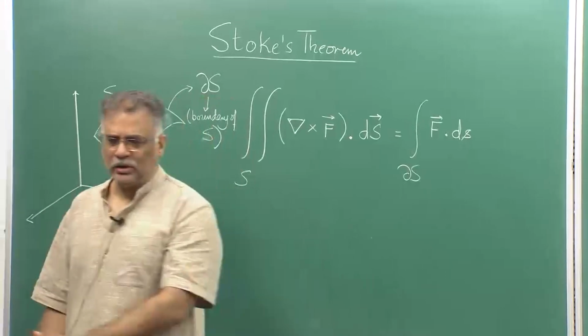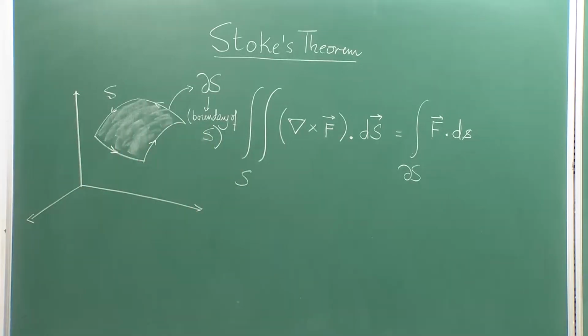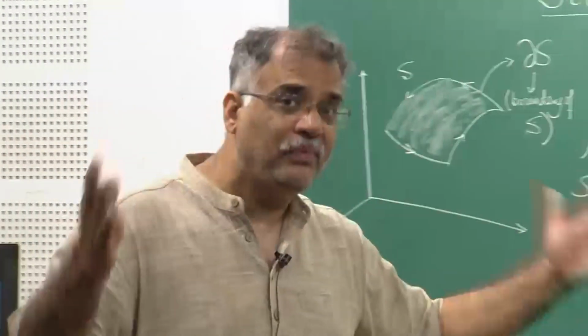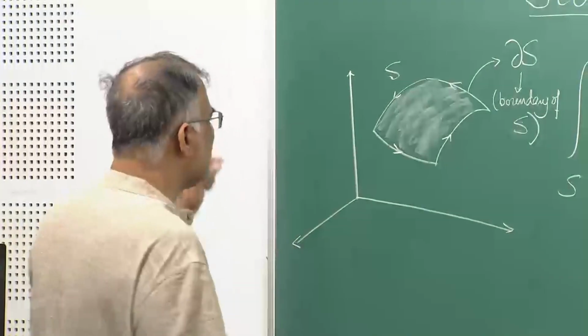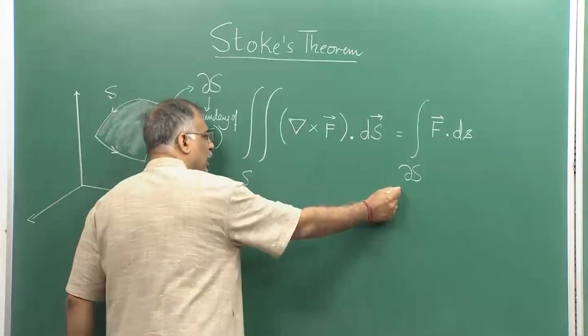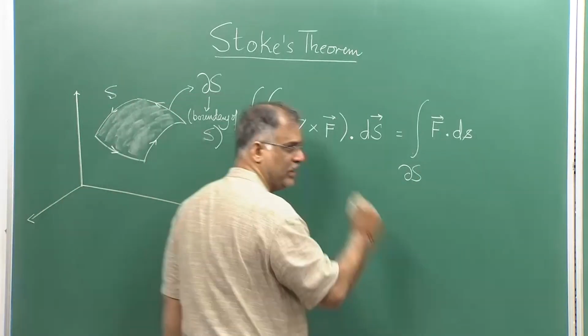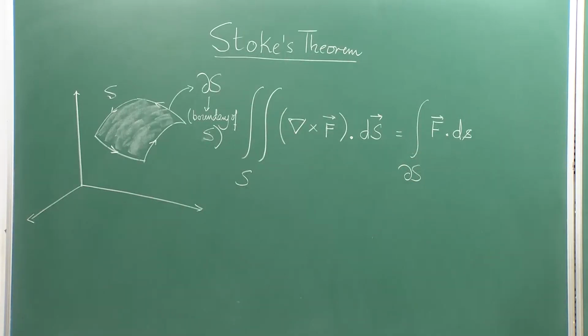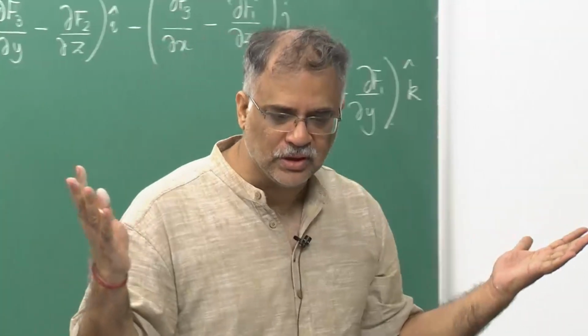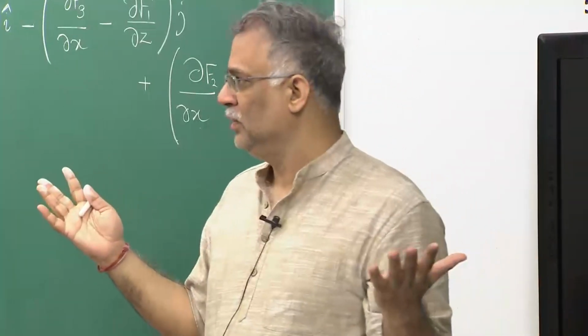I am on the hilltop, walking along the boundary, but my surface should always remain on the left hand side. That is the very crucial thing. That is the kind of orientation we are talking about when evaluating this integral, and it has to be kept in mind. You cannot just throw that away.